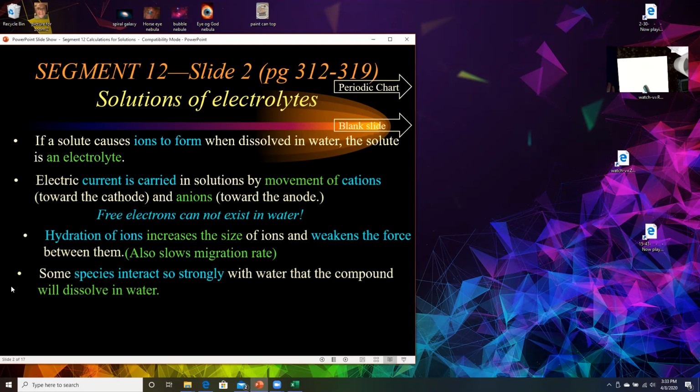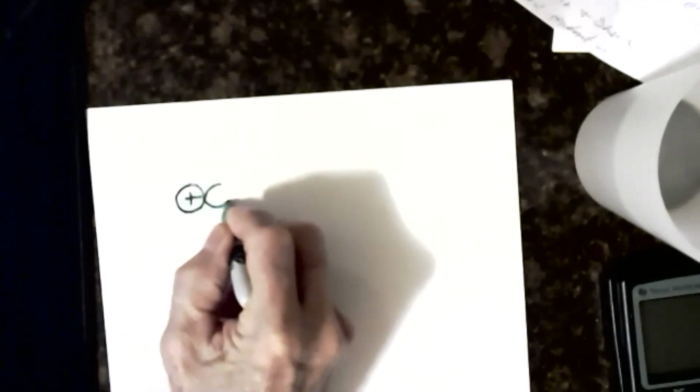Now, when some species interact with water, the interaction is so strong that the compounds do dissolve in water. Again, if you think about the ions in water, they're going to be attracted to the water molecules. Let's go over and take a look at the pad. I'll illustrate what I'm talking about. If I've got a solid compound, it's going to have positive ions and negative ions stuck together in a three-dimensional pattern.